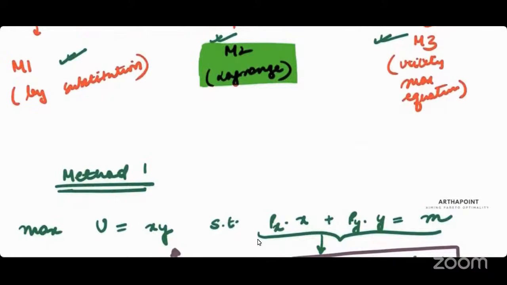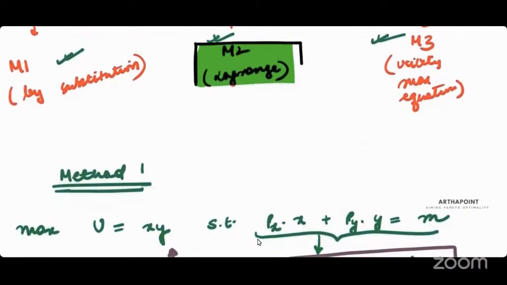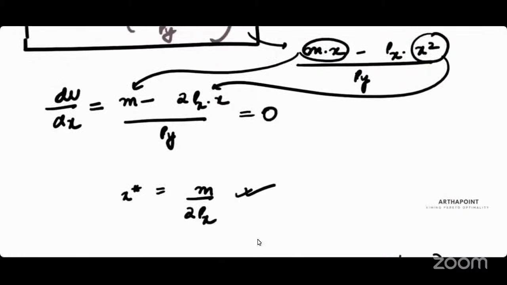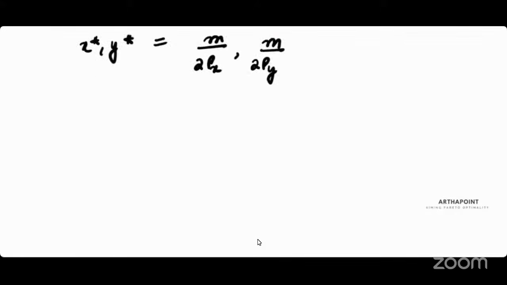Now, method 2 is Lagrange. Now, Lagrange in itself is a full-fledged topic that we do in maths. However, for us currently, we just want to understand a very basic level of Lagrange that can be used in microeconomics.